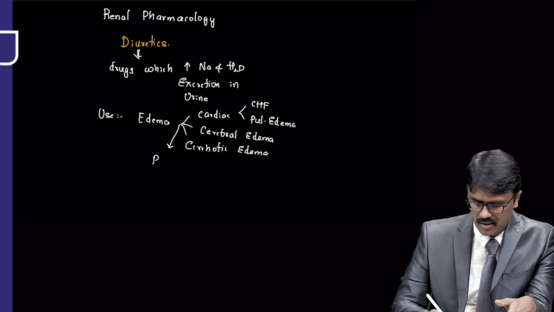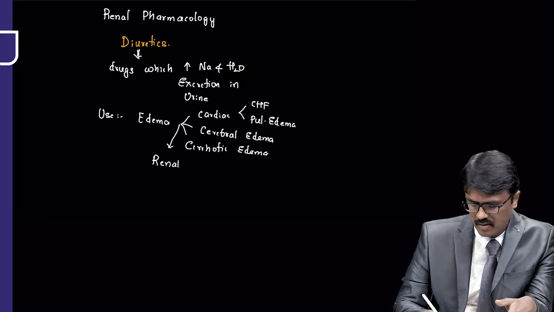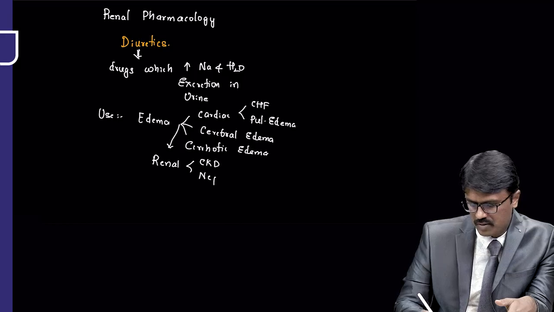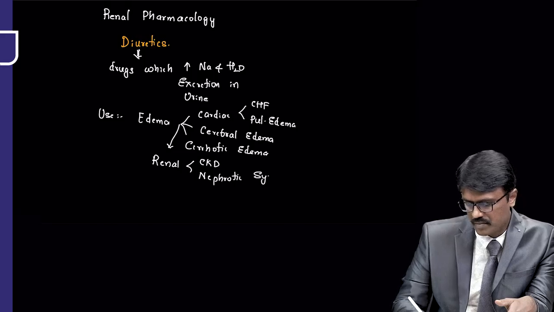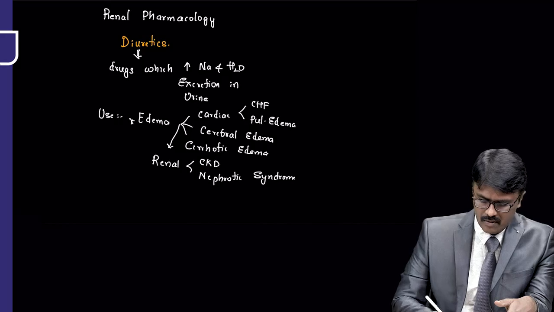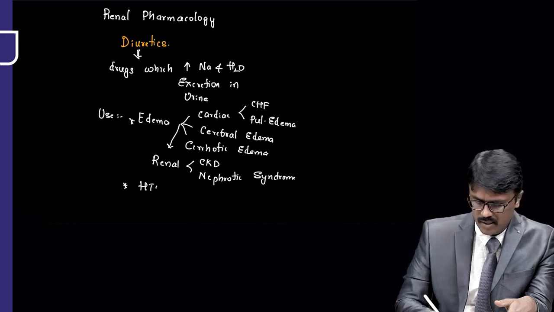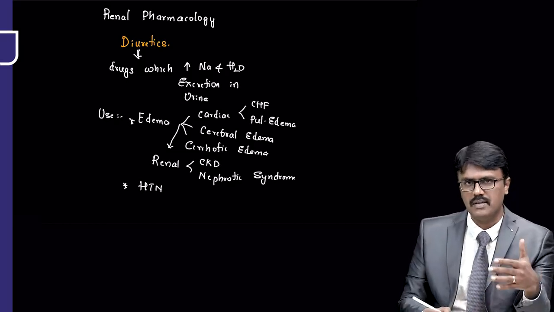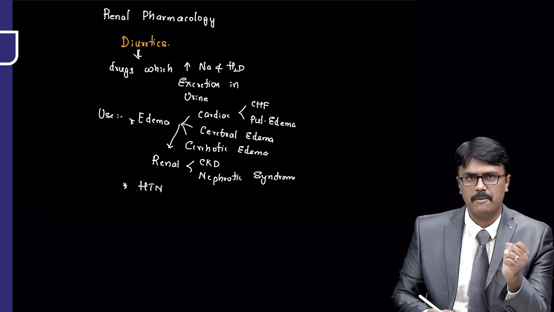What are the reasons in the kidney? One is CKD and the other is nephrotic syndrome. These are the conditions where we see edema. Another condition where we don't want sodium is hypertension. So these are the basic conditions where diuretics are used.